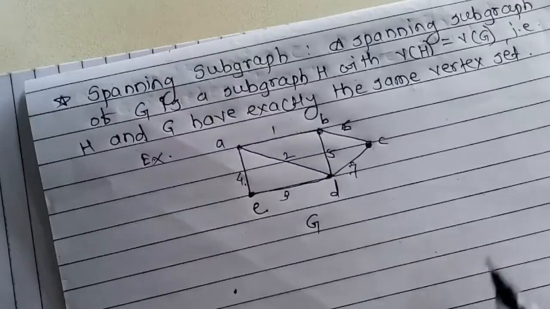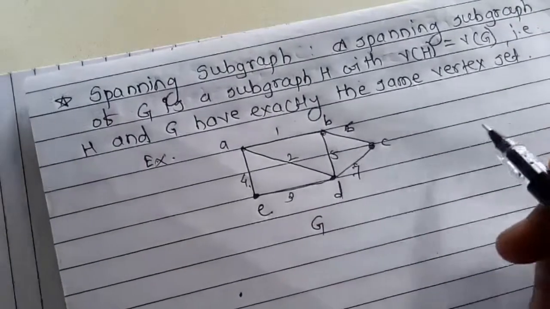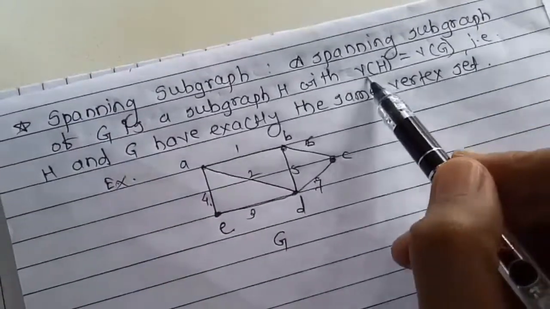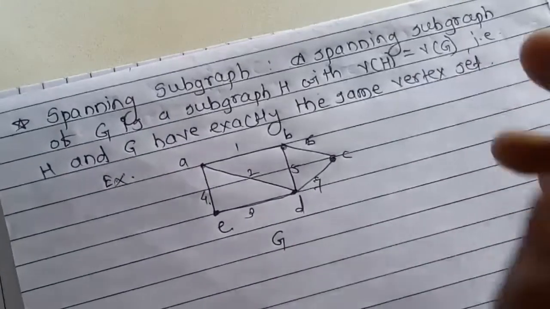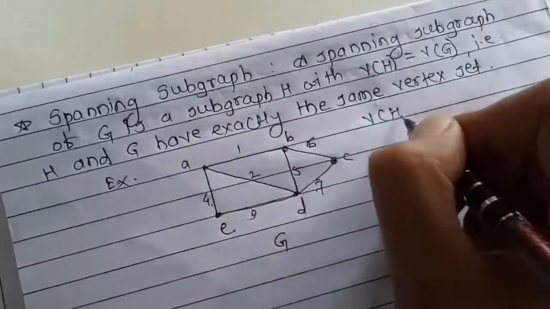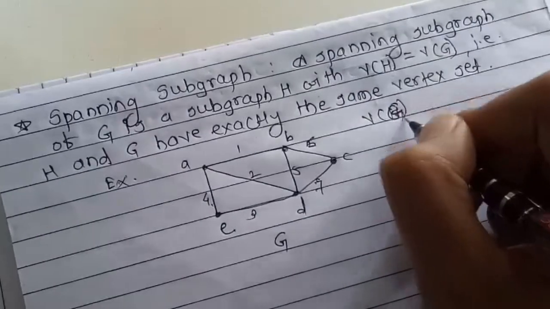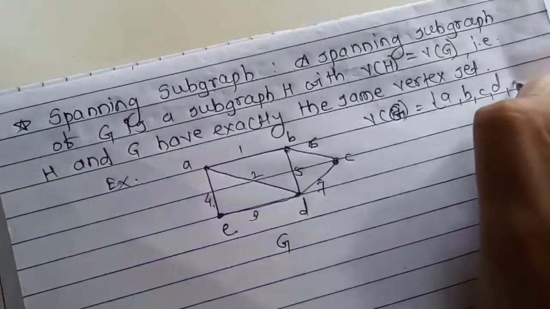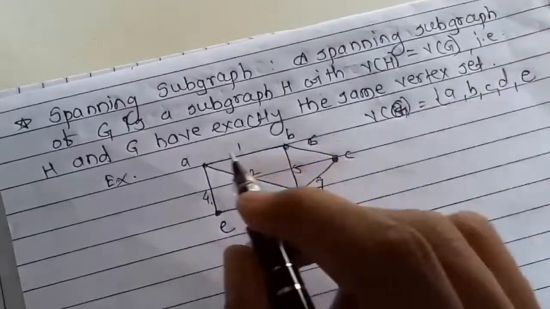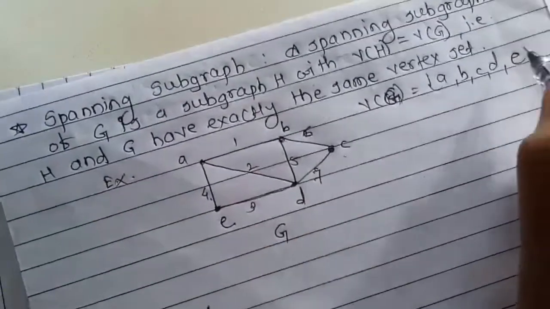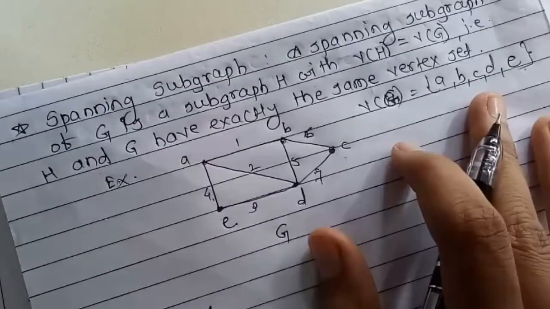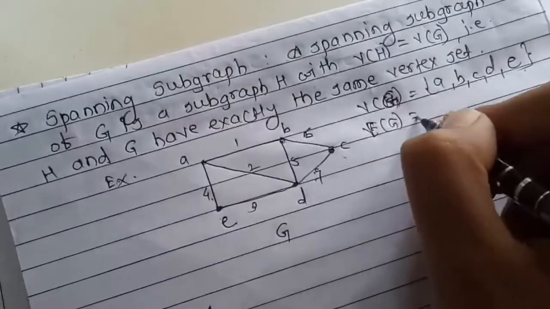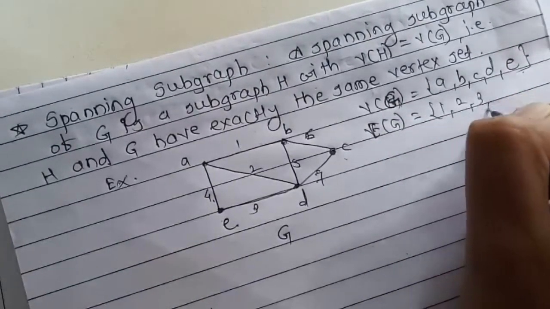And if we want to draw the spanning subgraph of G, the first condition is that the vertex set of H is equal to the vertex set of G. That means the vertex set of G is A, B, C, D, E. There are 5 vertices in graph G, and the edge set of G is 1, 2, 3, 4, 5, 6 and 7.